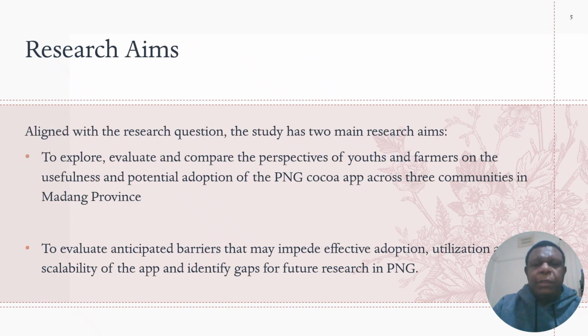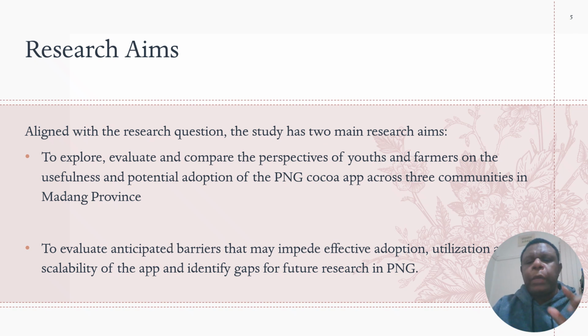So the research aims, we have two aims. First, to explore, evaluate, and compare the perspectives of youths and farmers on the usefulness and potential adoption of the PNG Cocoa app across three communities in Madang Province. The second is to evaluate anticipated barriers that may impede effective adoption, utilization, and scalability of the app, and identify gaps for future research in PNG.